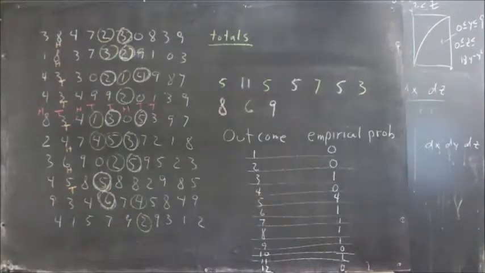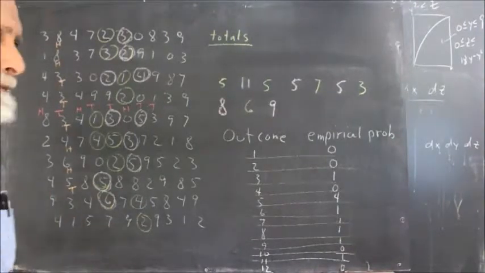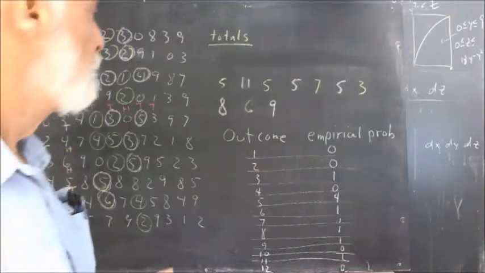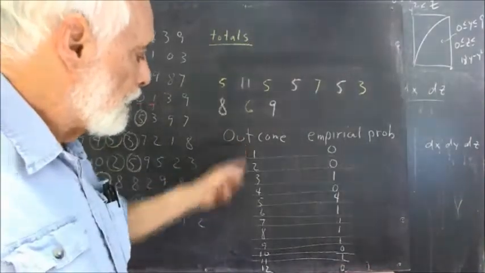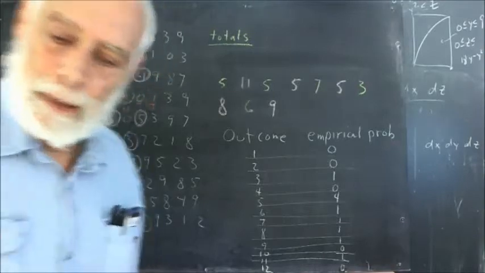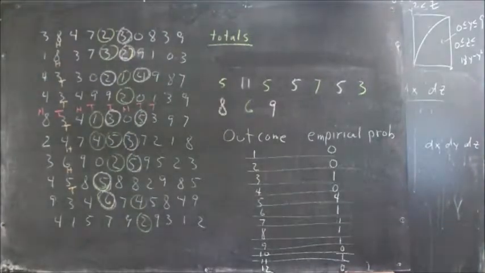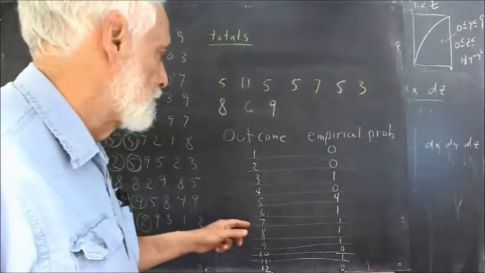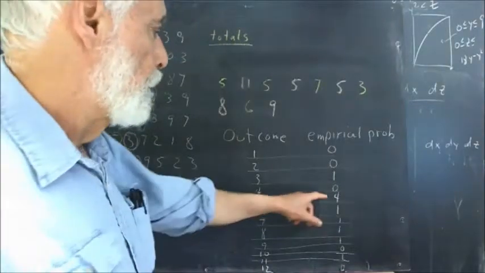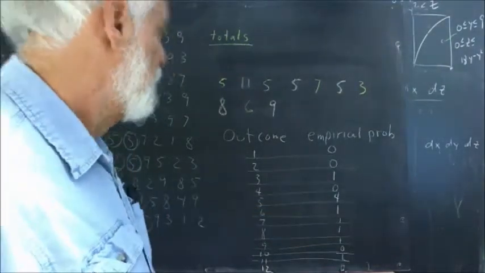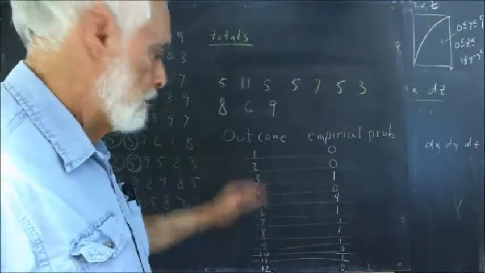So what happened? How do we summarize these outcomes? Well, we could list all the outcomes 1 through 12. The rest of problem 9 asked what proportion of the totals were 5, 6, or 7. Well, we had 4 5s, 1 6, and 1 7. Now I went a little further than that in making this list.